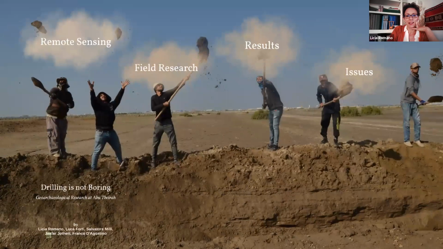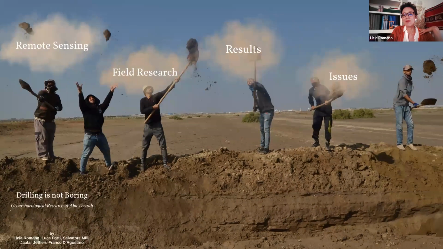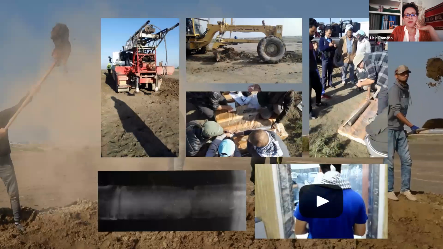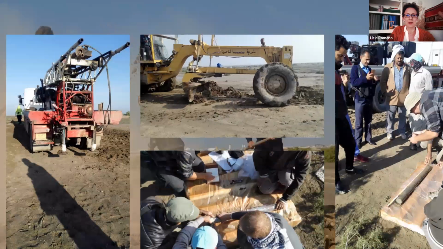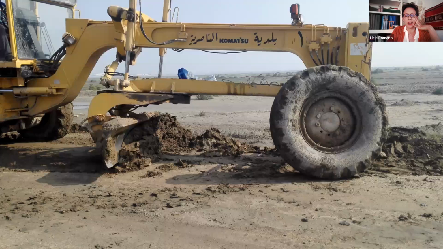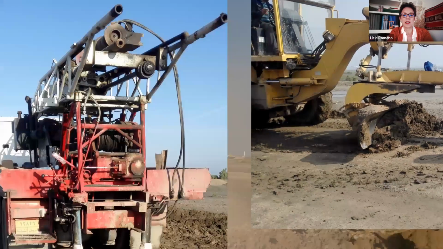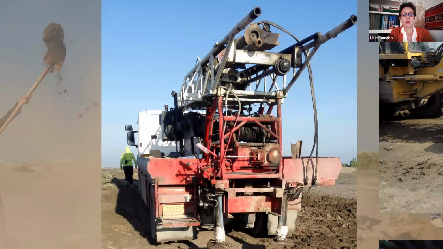So as I told you at the beginning, I want to share with you what it means, for example, to take a borehole machine on the site. We had to pave again to fix the road to the site to allow the machine to reach it. And making a borehole 20 meters deep took almost one entire day.